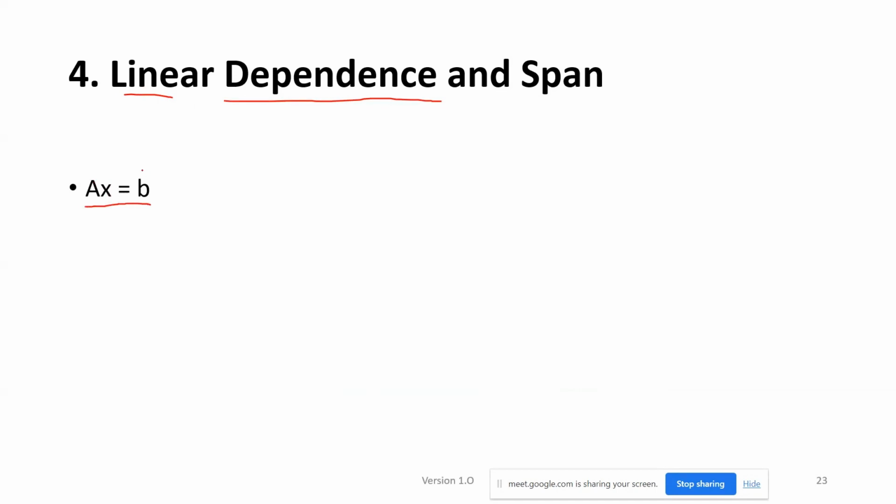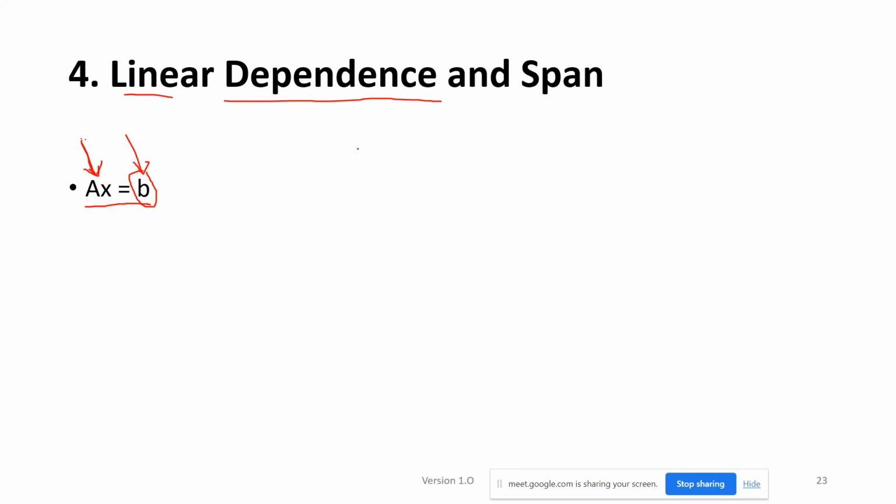Here the b value depends on A. So b is the dependent variable, and here Ax is the independent side.